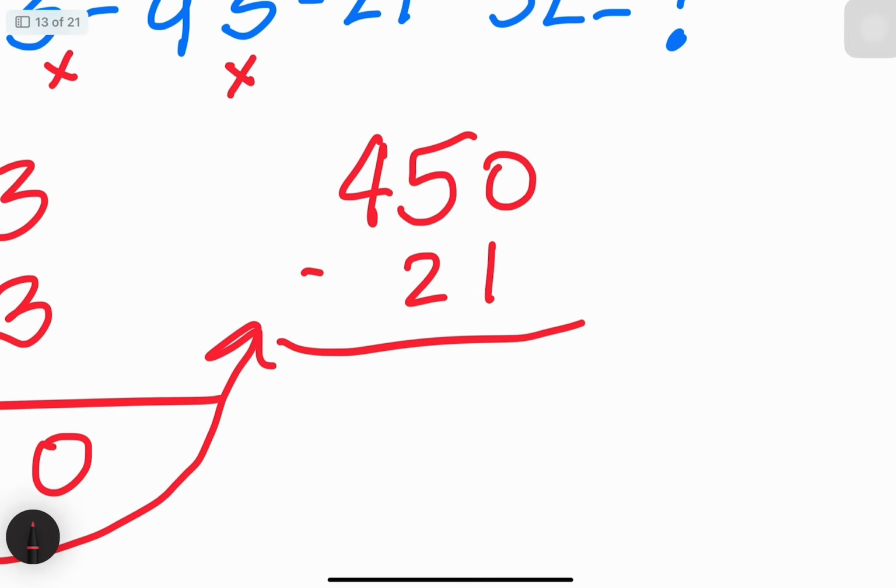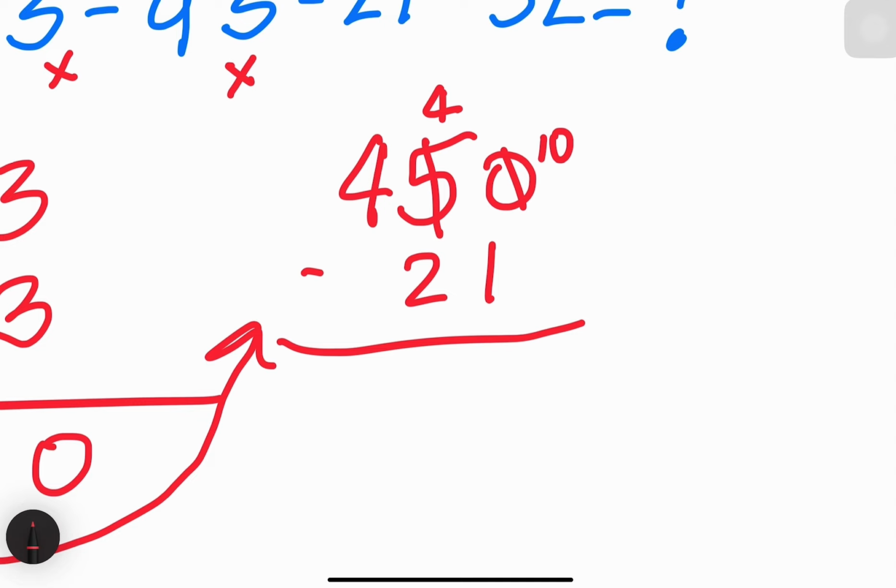All right. So if I do this correctly here, I know that I cannot do 0 minus 1. So I need to borrow 1 from my neighbor. All right. So that becomes a 4. And the 0 becomes a 10 because I borrowed 1 from my neighbor. Remember, my neighbor had some sugar of 1.